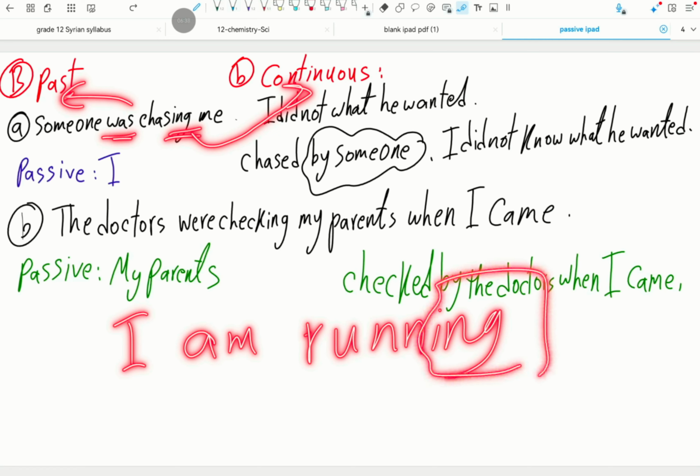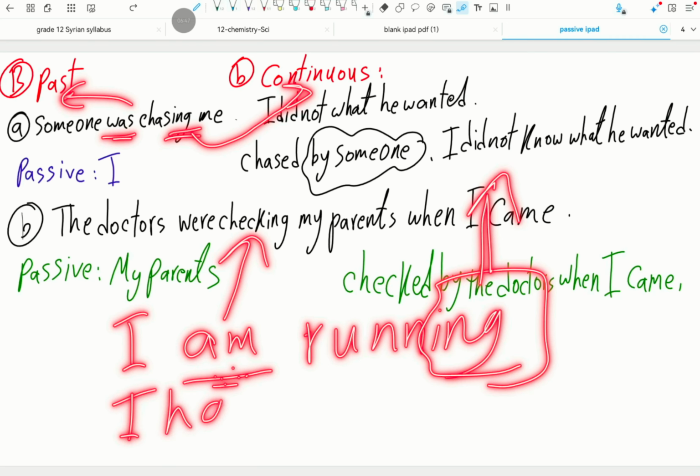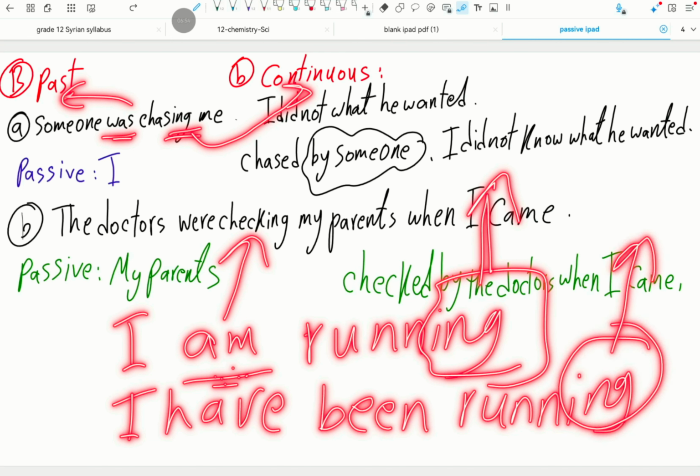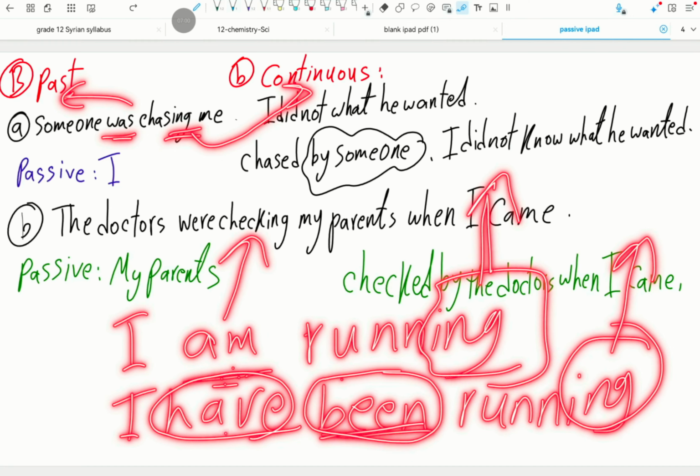It is continuous because the verb has ing. It's present because am, is, are are present. I have been running, for example, is a present perfect continuous. So it's continuous because of ing, and there is verb to be, and it's present perfect because there is have.